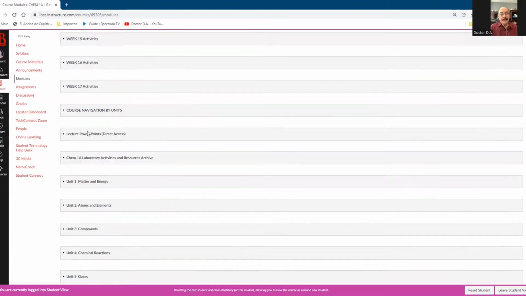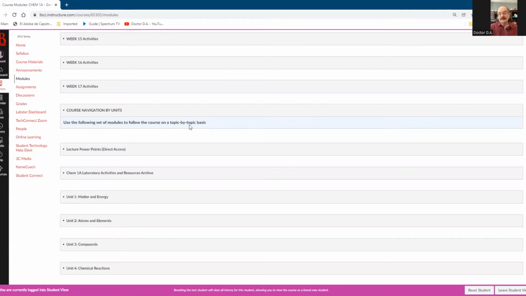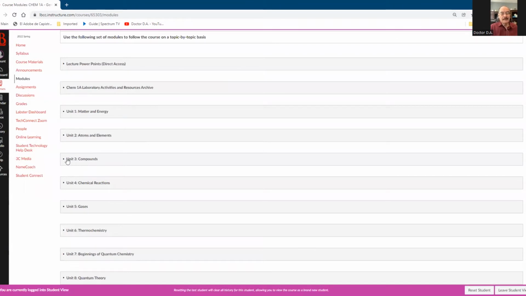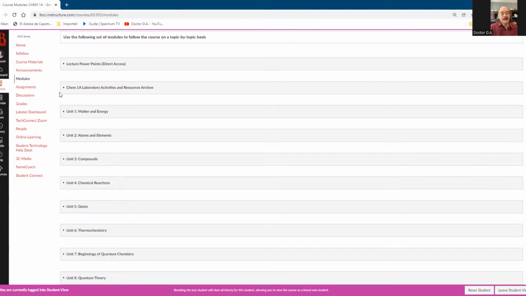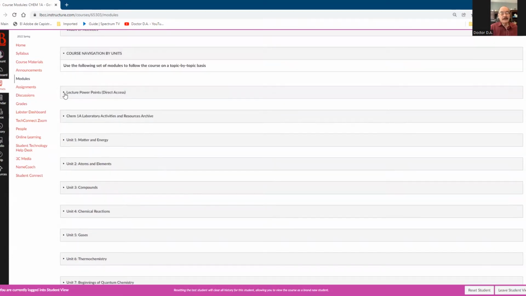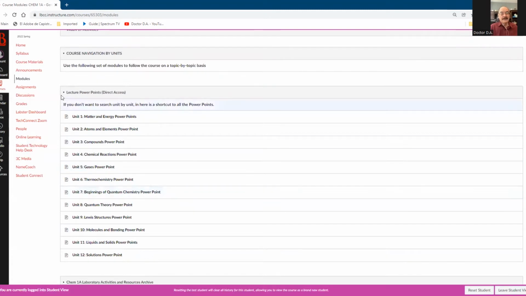Now, after that, there's another block where you can navigate by units. So for example, you might not remember, when did we talk about compounds? I need to review that. Well, in here, you can find the compounds module and all the materials there. The intro, the PowerPoint, and the lecture videos are in there. Also, if you simply want to download one of the PowerPoints, they're all in this section.